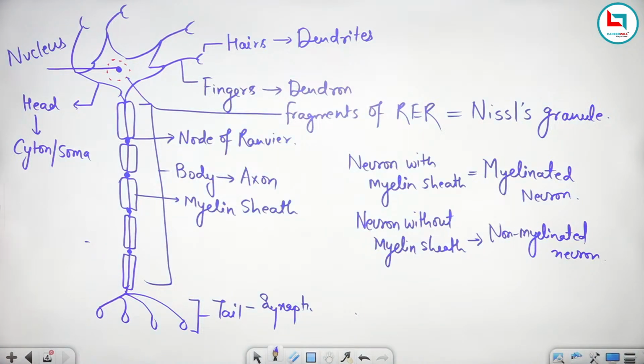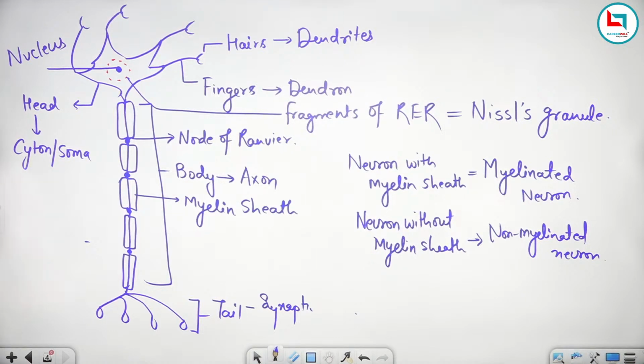The hair-like structure is said to be dendrite. The finger-like structure is said to be dendron. The bulky part or the head is said to be cyton or soma. The head contains the brain, which is said to be the nucleus. The nucleus is surrounded by fragments of rough endoplasmic reticulum, which are said to be Nissl's granules.